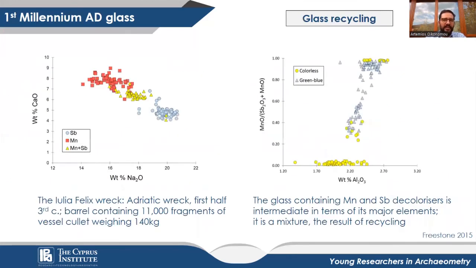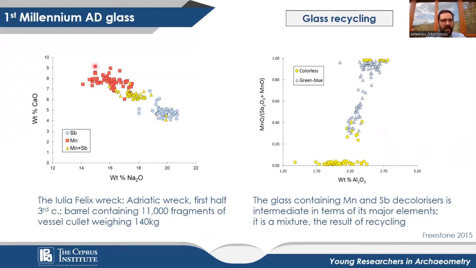However, there are cases where researchers have noticed that glasses have intermediate values of major elements, and this led to the conclusion that glass in antiquity was heavily recycled. Here in these two graphs, we can notice this effect with the manganese and antimony decolorized glasses, and the recycled glass containing both elements, which is the result of mixing.